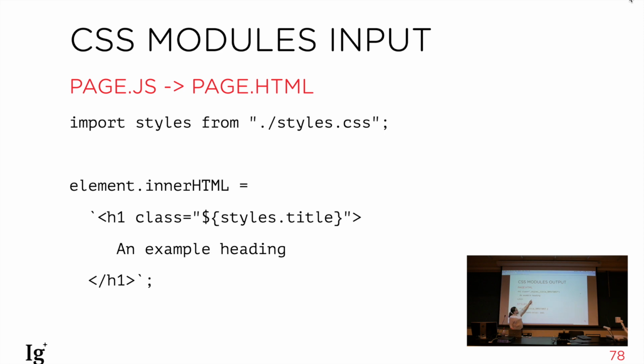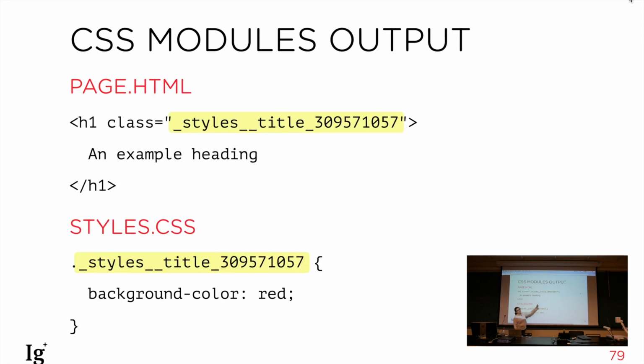So it will be a generic class name, not title, but something blah blah blah title, depending on the naming scheme you have outlined in the building tools. But in CSS, you will have the corresponding class name, and everything would work in the traditional way.